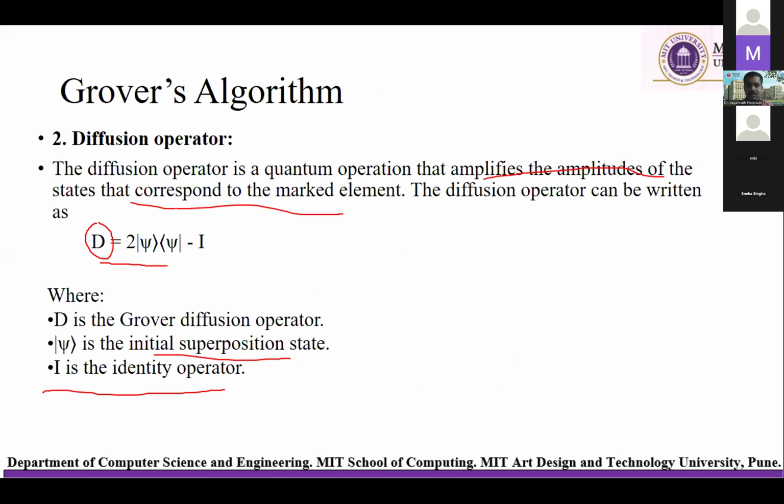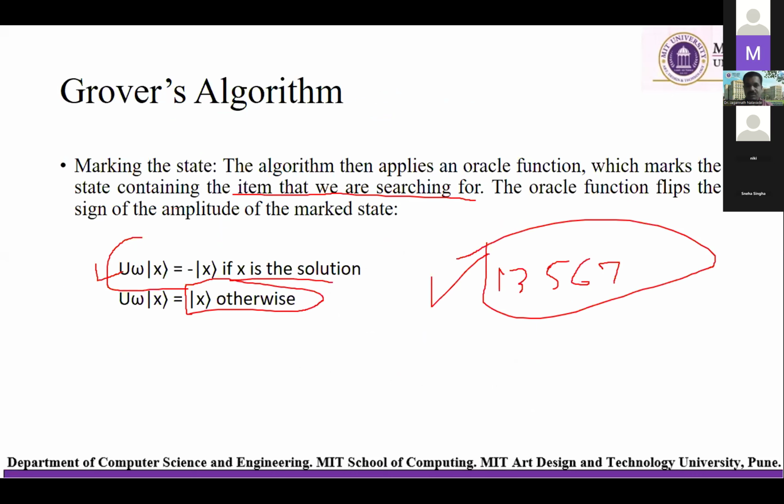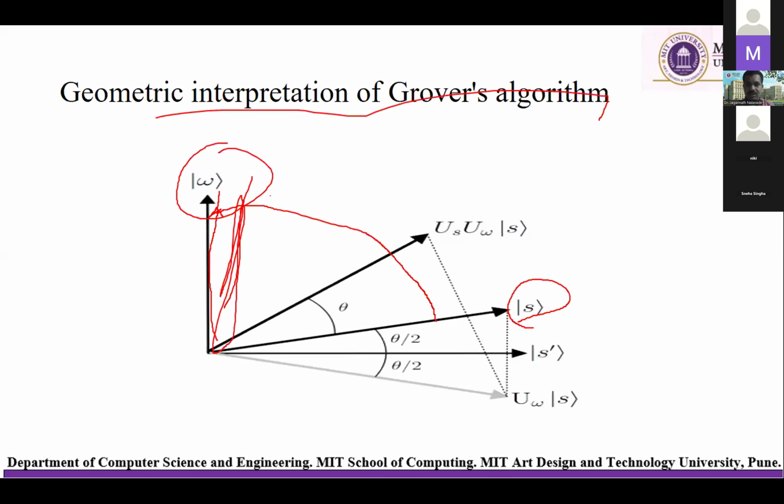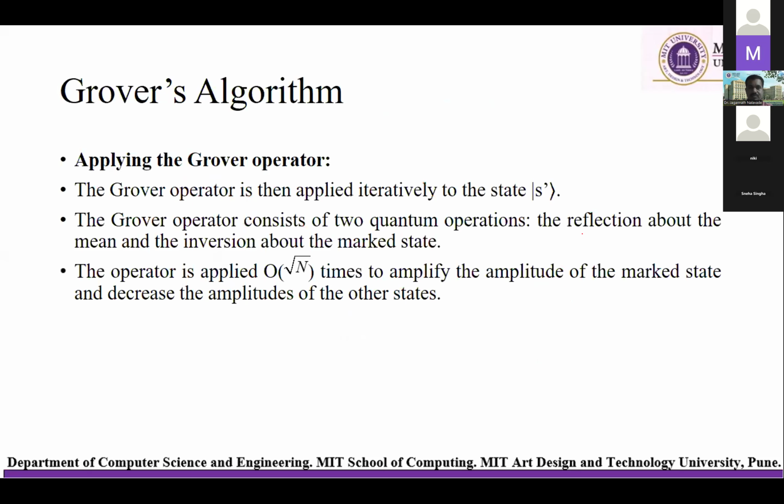So in this geometric interpretation we are increasing the angle between U_S, U_W, |S> and this, and we will reach near to that particular record in the telephone dictionary.